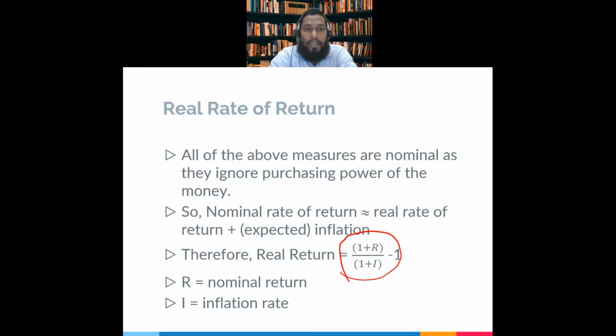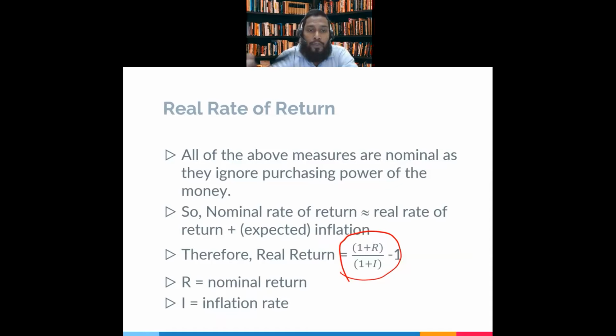So real rate of return is something which considers the inflation. As we know, inflation will decrease the value of money. So if in a year we have a profit of 12%, but in that year there was inflation of 2%, our real return is actually 10%.